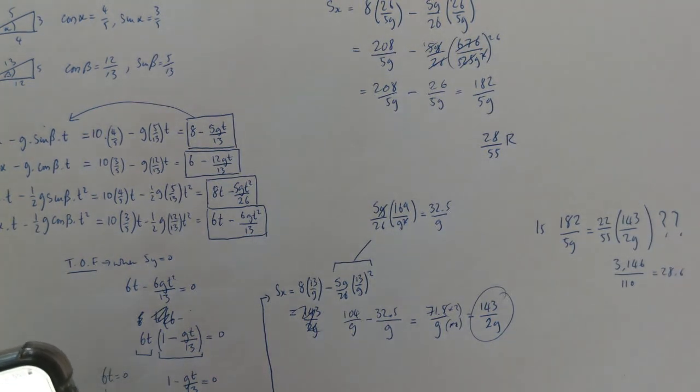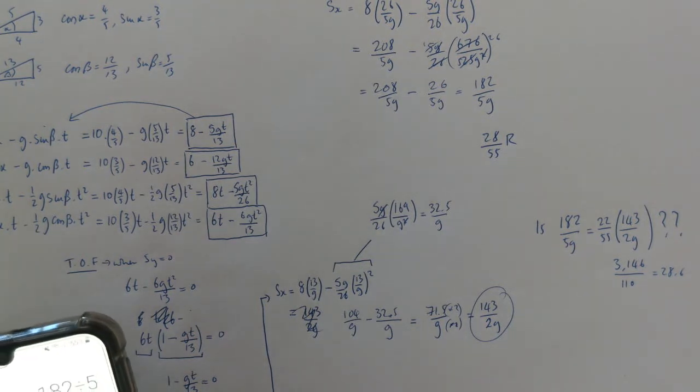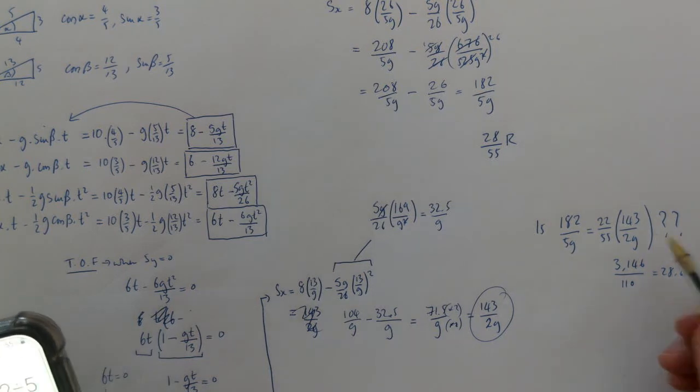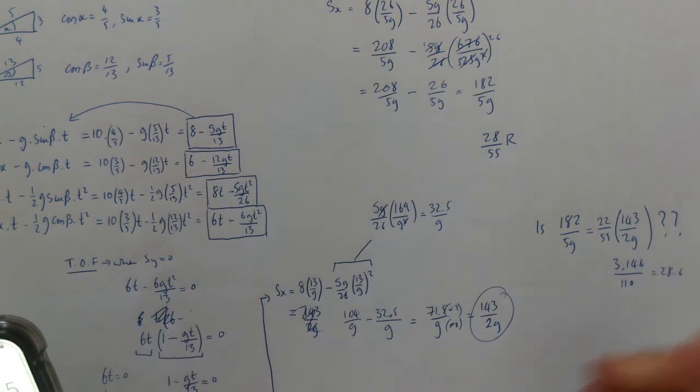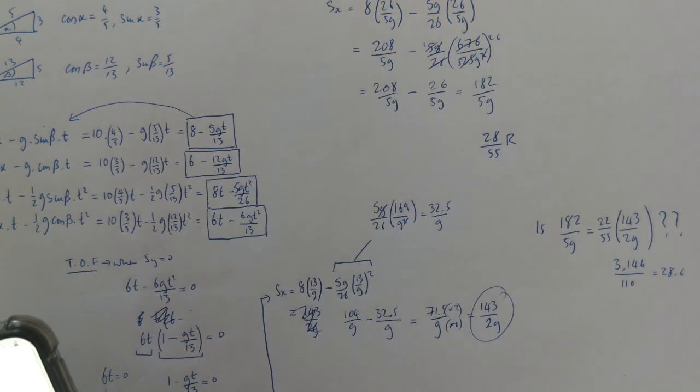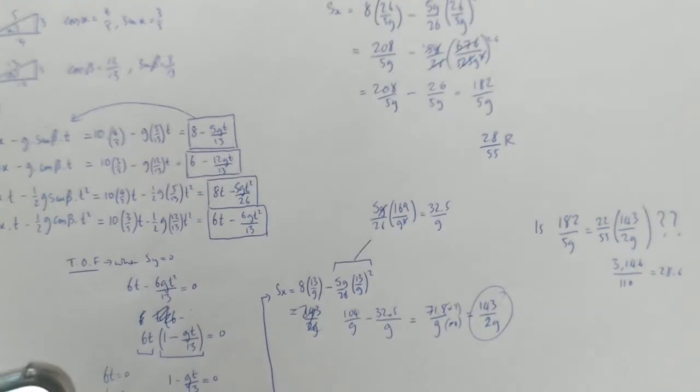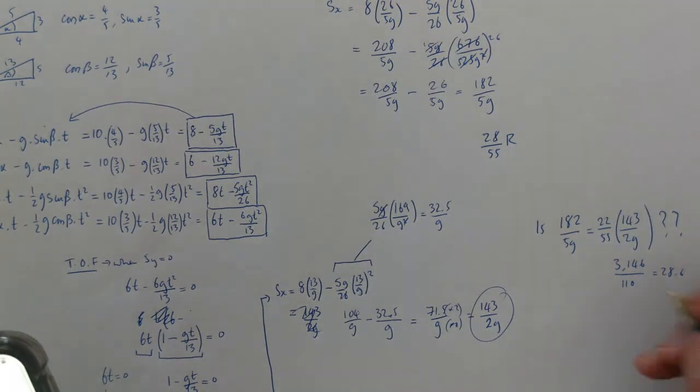182 divided by 5. And this, 22 times 143. That's g, isn't it?